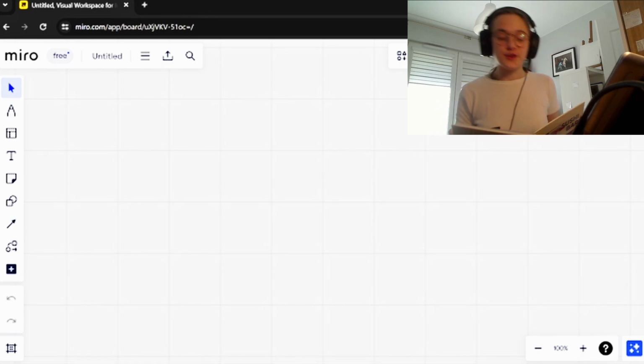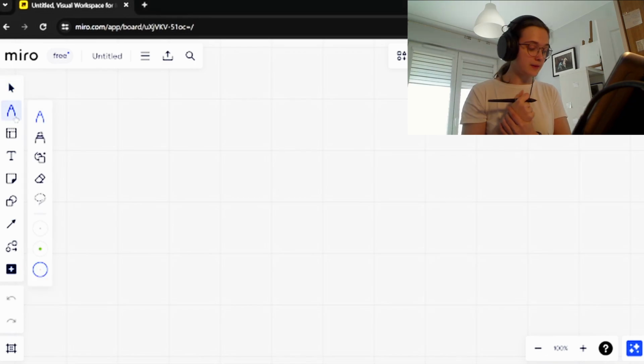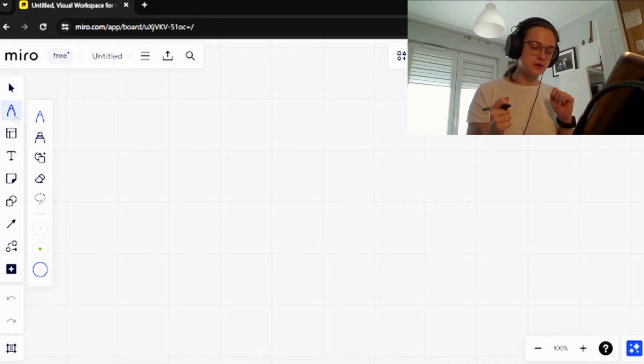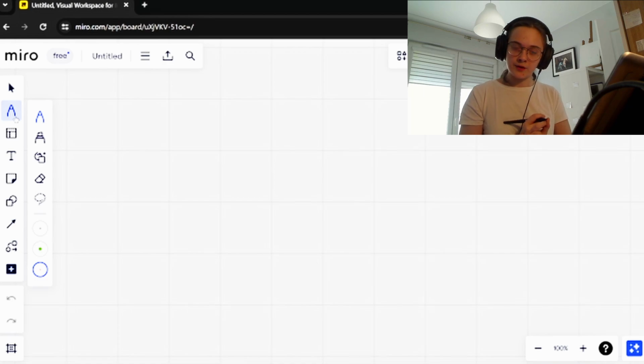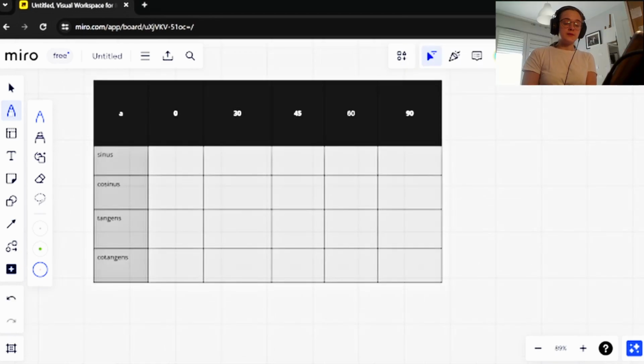Anyway, let's start with what the functions are. We have 4 functions and they correlate with each other. Right now I will be explaining what all the things are. These functions are based on a right triangle.